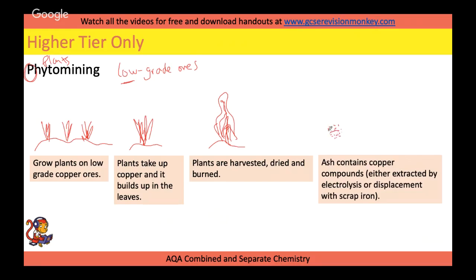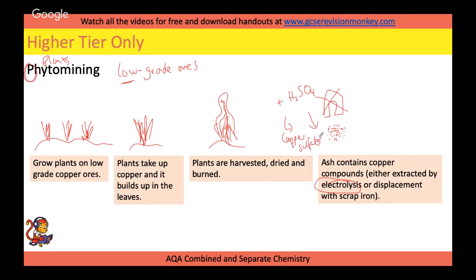Now, unfortunately, copper is not magnetic, so you can't just put a giant magnet here to extract the copper. You'd have the plant material and the copper. So you might link back to paper 1 here, because what you could do is extract by electrolysis. So let's imagine you added some sulfuric acid to make copper sulfate.